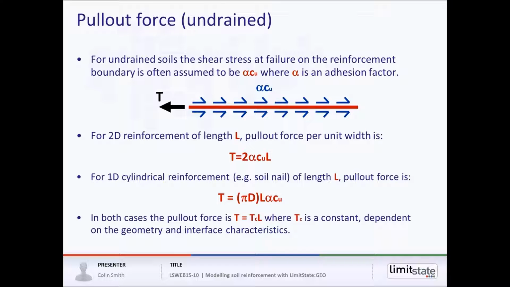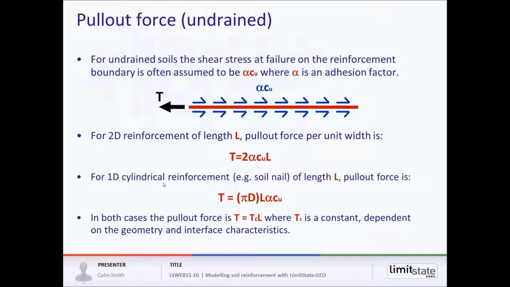In terms of the detail of how we calculate those forces, for an undrained soil, typically we're going to assume that the shear stress at failure on the reinforcement boundary is some factor alpha multiplied by the undrained shear strength of the soil, Cu. And for two-dimensional reinforcement, the pull-out force per unit width is going to be 2 alpha Cu times the length of the reinforcement. And we multiply by 2 because, of course, we've got shearing on the top and the bottom of the reinforcement.